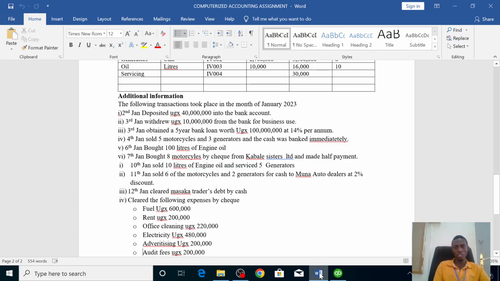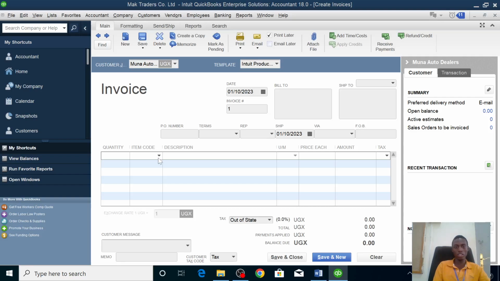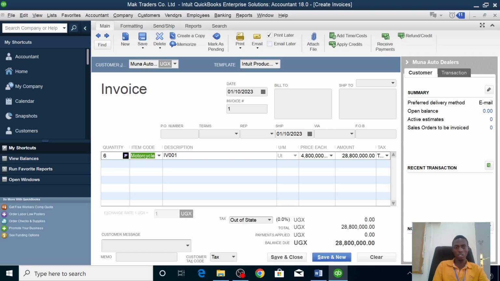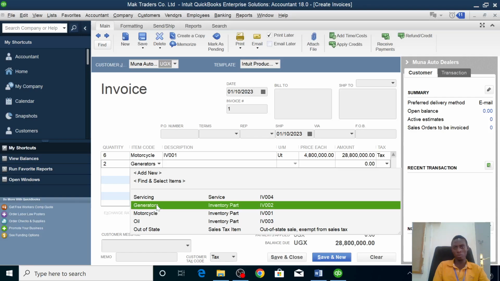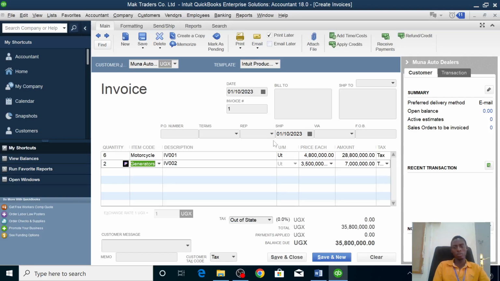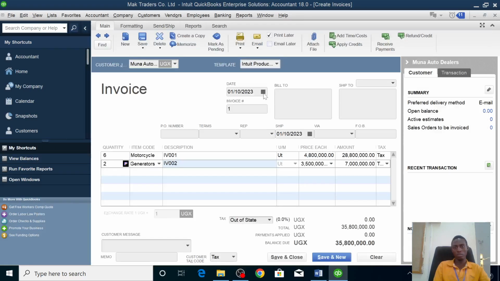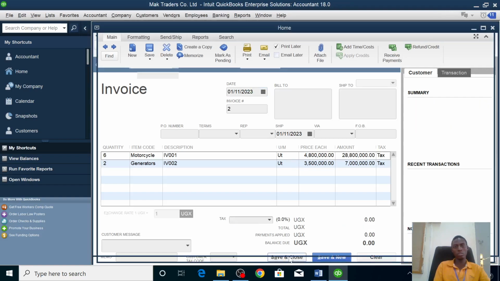Then they are saying 6 motorcycles and 2 generators. Quantity 6 motorcycles and 2 generators. And this transaction is on 11th. So I save and close.